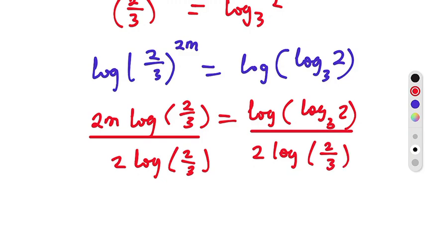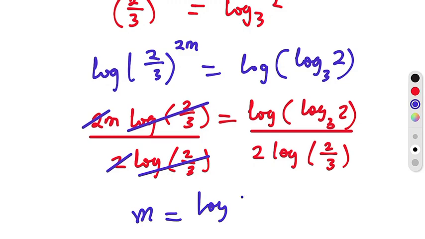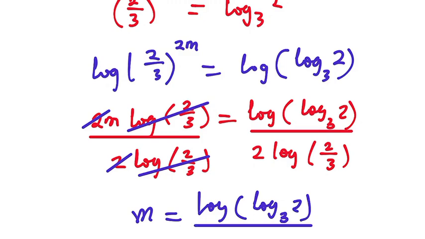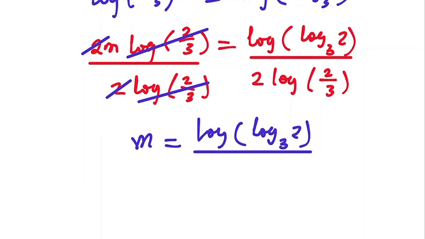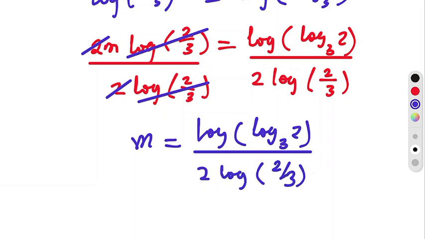And from there, you see that we cancel the 2 here. Then we are left with m equals log of log base 3 of 2 divided by 2 log 2 over 3.